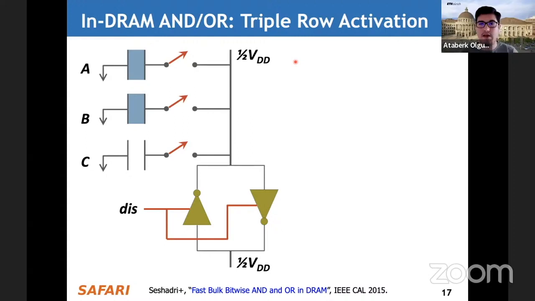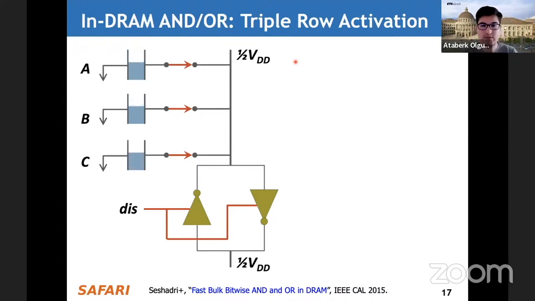Here we see cells A and B are charged to VDD, and cell C is discharged. We have the same bit line as the previous diagram, and the bit line is initially pre-charged to half VDD. What we'll do is activate all of the rows at the same time, and all cells will start to share their charge with the bit line.